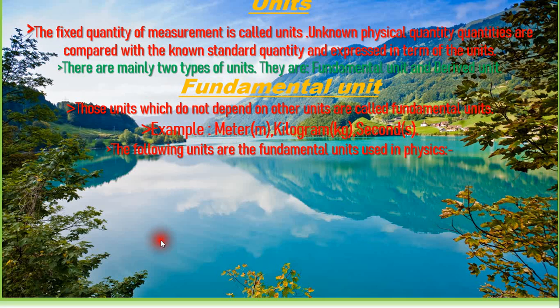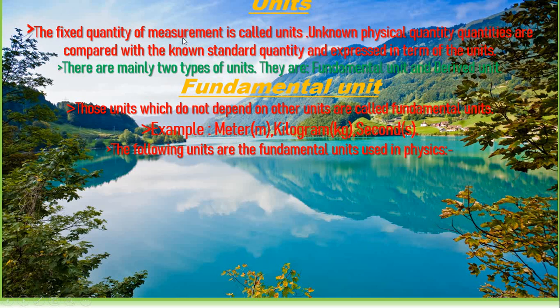For example, there are two apples, and those two apples are compared with a standard mass which is 1 kilogram, and that standard mass 1 kg is known as a unit. So those unknown physical quantities, those two apples, are compared with a known standard quantity, the kg unit, and then they are expressed in terms of the units.